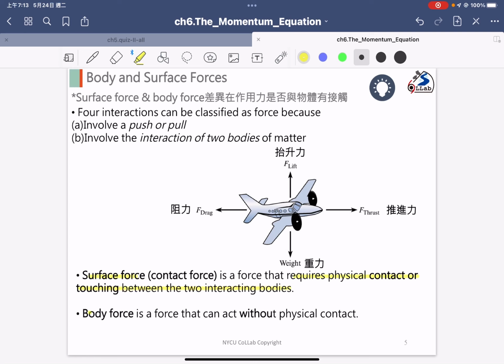But body force can act without physical contact. So the very important point is, if we would like to distinguish between body force and surface force, surface force needs contact and touching between two interacting bodies, but body force acts without physical contact.